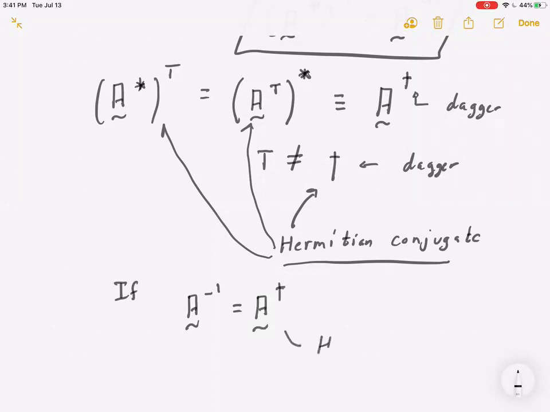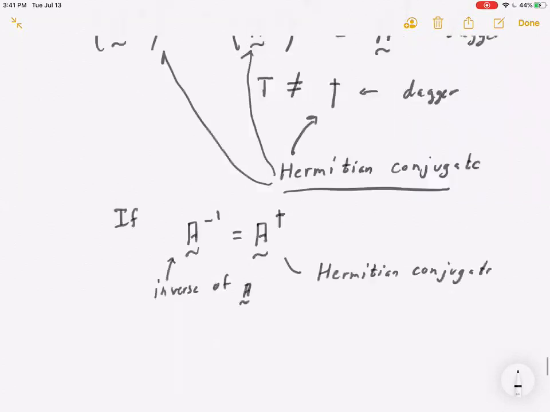So on the right-hand side, I have the Hermitian conjugate of A. On the left-hand side, I have my friend, the inverse of A. If this equation is satisfied, then A is a very special matrix. It is called a unitary matrix.